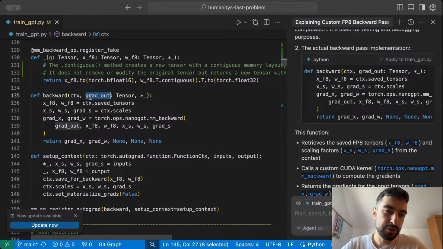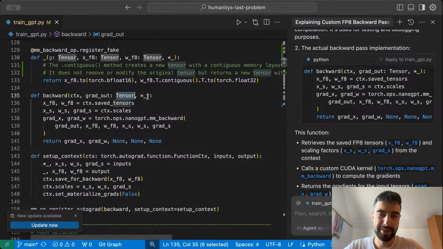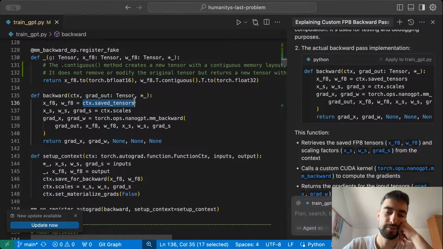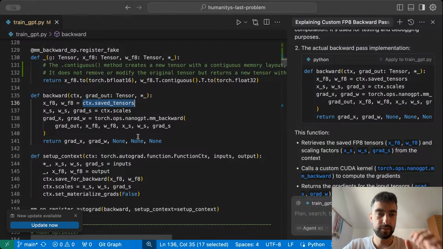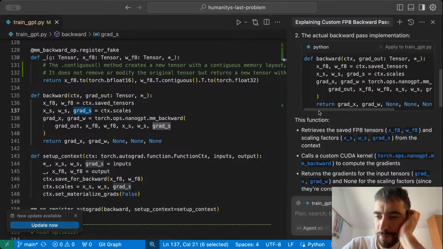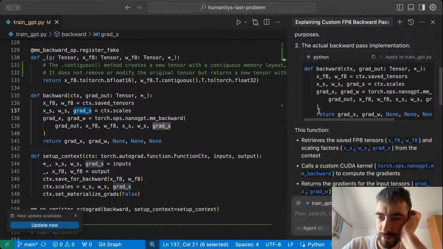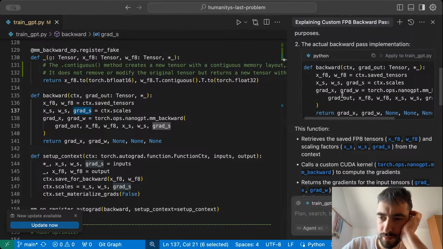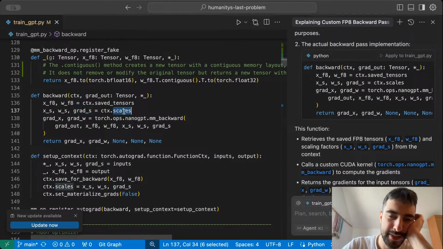Okay, gradients out tensor, and then this saved context saved tensors. F, X, and W, and then scaling factors, and then gradient scaling. What is this grad S? I mean, it's probably scale.